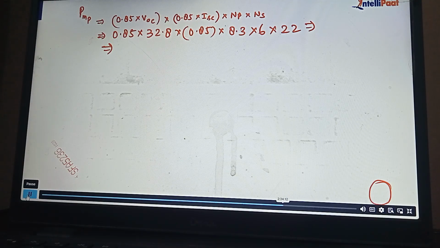Do we really get this power or not? Because we have to design it, the installed capacity is 30 kilowatt.